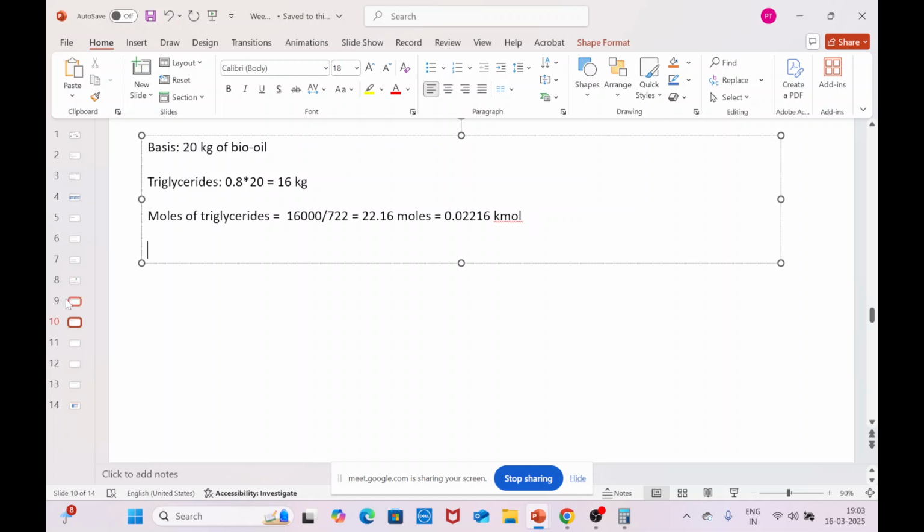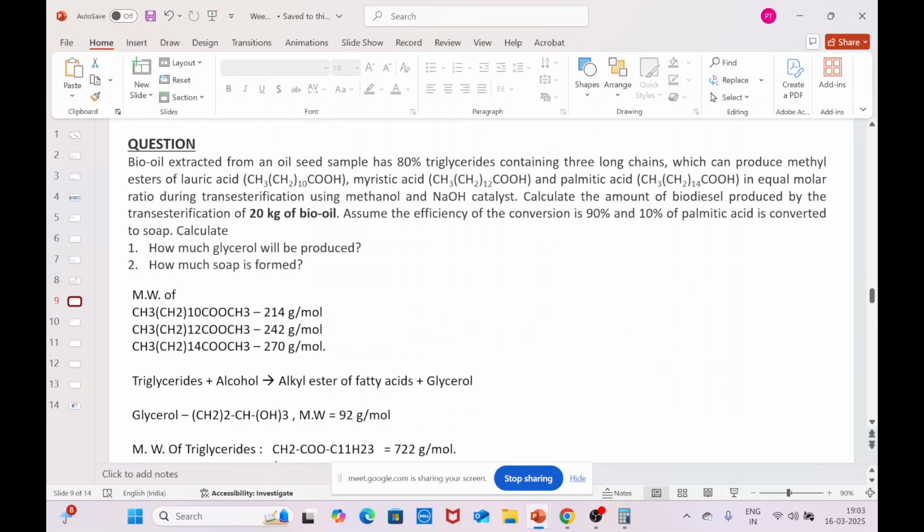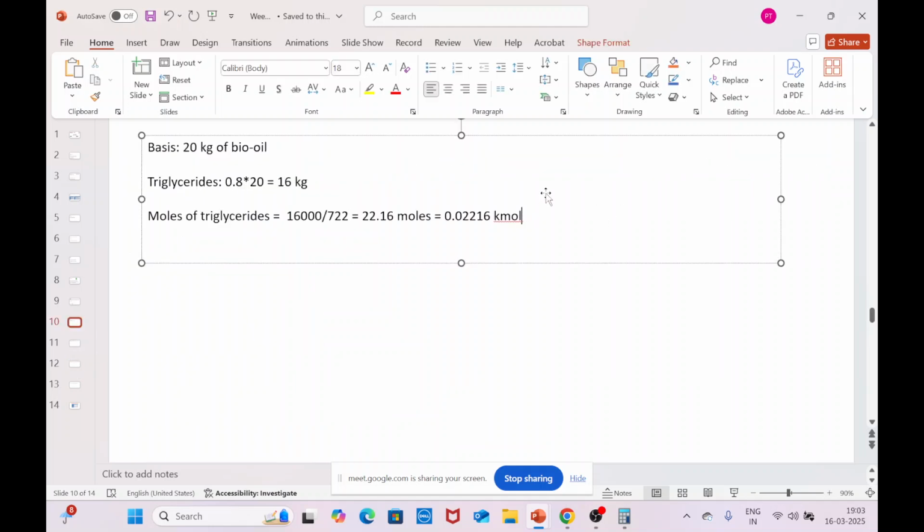So how much is the glycerin content? Assume that the efficiency of the conversion is 90 percent. Sorry, this will be 0.02216.